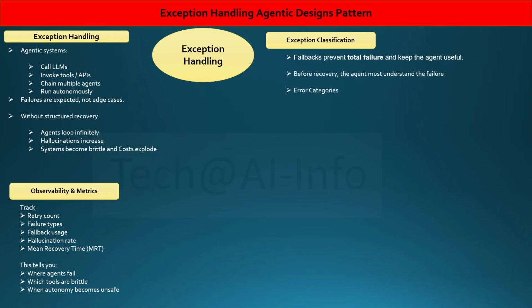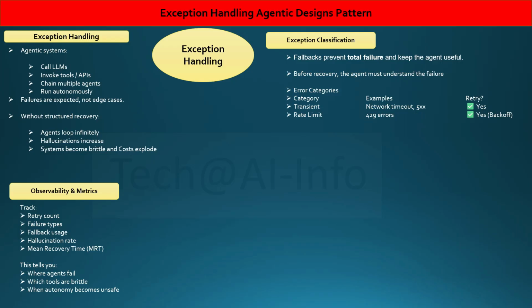What error categories do we have? First is transient, like a network timeout or temporary service outage. The system is healthy, the environment is temporarily unstable, and retry is yes. Second is the rate limit error, which shows HTTP 429 errors.